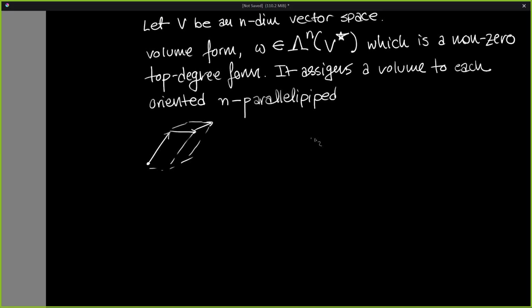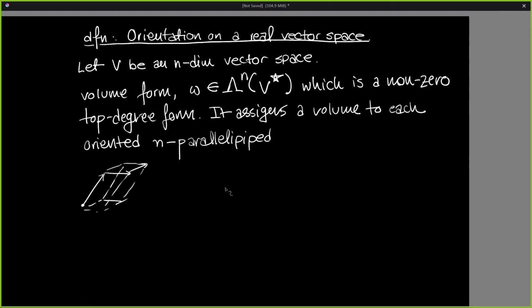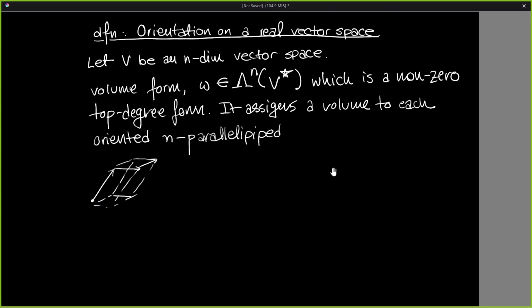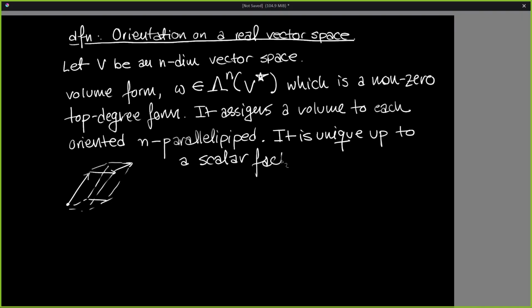You can think of it as a slanted cuboid. That's a parallelepiped. So it is unique up to a scalar factor. And that's going to be very important, the fact that it's unique up to a scalar factor.